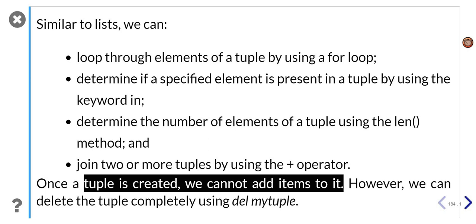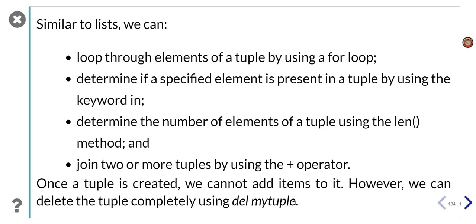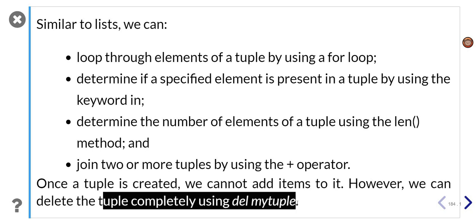The only way is to convert it like before, then add, append, remove or whatever you want to do, then convert back. For a tuple, you can't use append, insert, remove, all these. The only thing that you can do is delete the tuple completely. That's the only thing you can actually do. Is that okay?